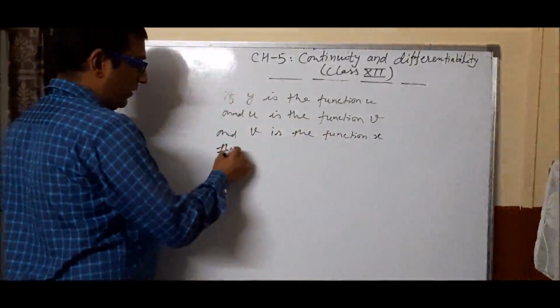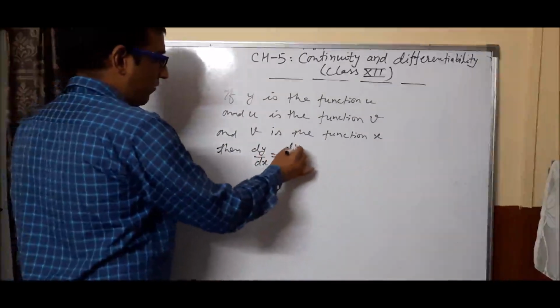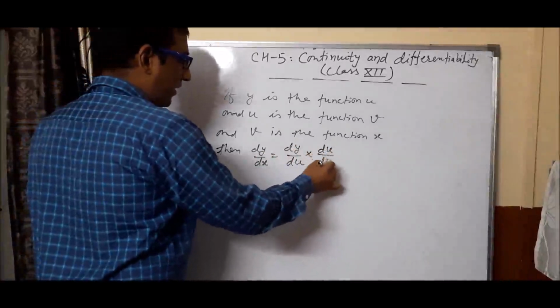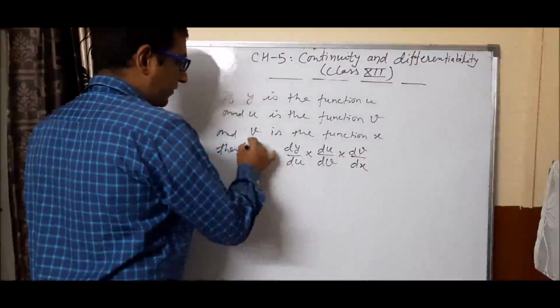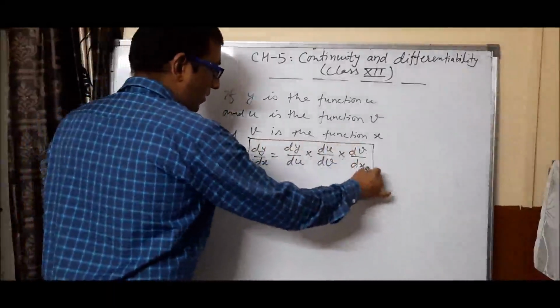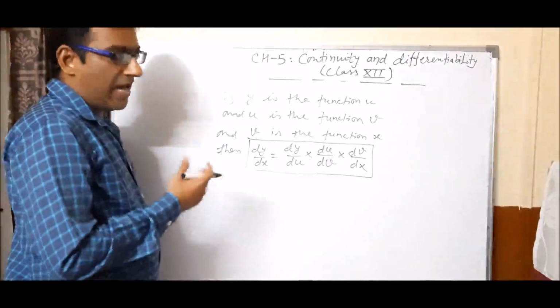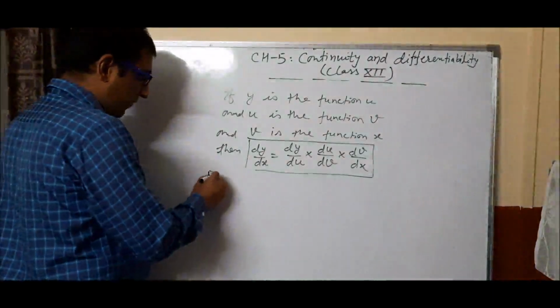Then we can say dy by dx equals dy by du into du upon dv into dv upon dx. So the above rule can be extended to any number of functions. So I am taking again one example here.